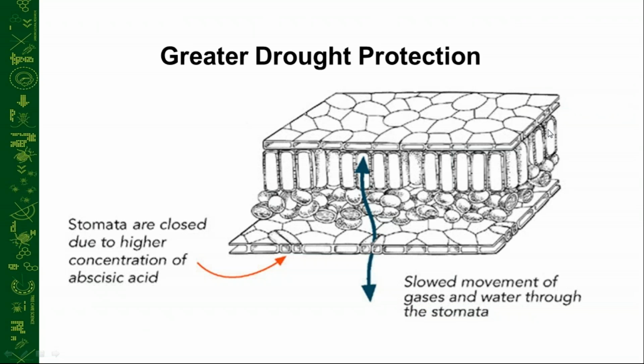If we're looking at drought protection, as I alluded to before, the stomata are a key component in what our plant is dealing with. Stomata are what allow for water vapor to release from the leaf tissue. And if these close, especially during periods of drought or additional stress, if they close faster, the plant isn't going to be losing as much water vapor as quickly.